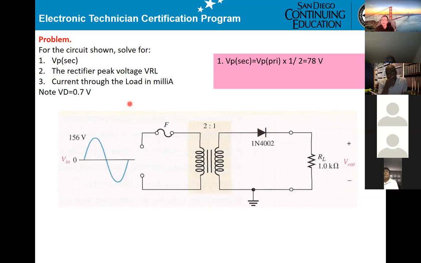And now they want the rectified peak voltage. You got 78 volts divided by 1 kilo ohm, get the current. It would be 78 milliamp.